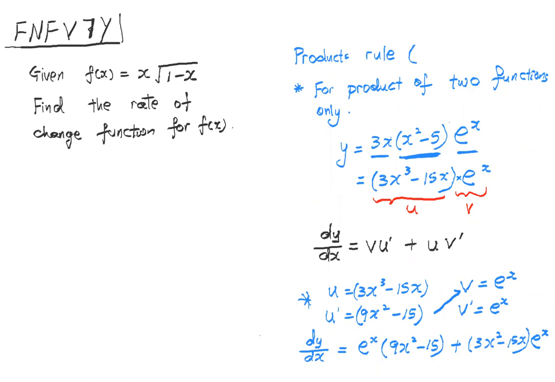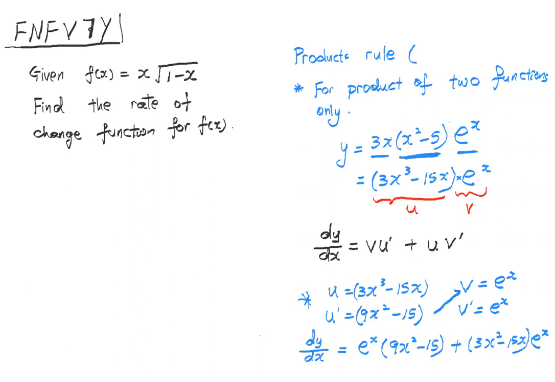Okay. If simple rule can't apply, then I will say, is there a chance for me to use chain rule? But I have to know what form can use chain rule. It's a number times by a function power n. The function inside the bracket can be any form, can be power term, exponential term, or natural log.